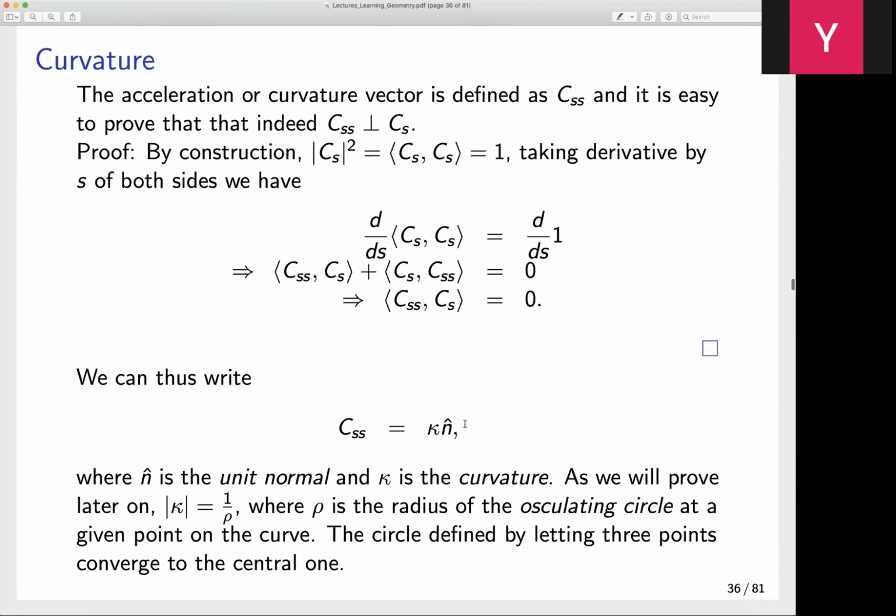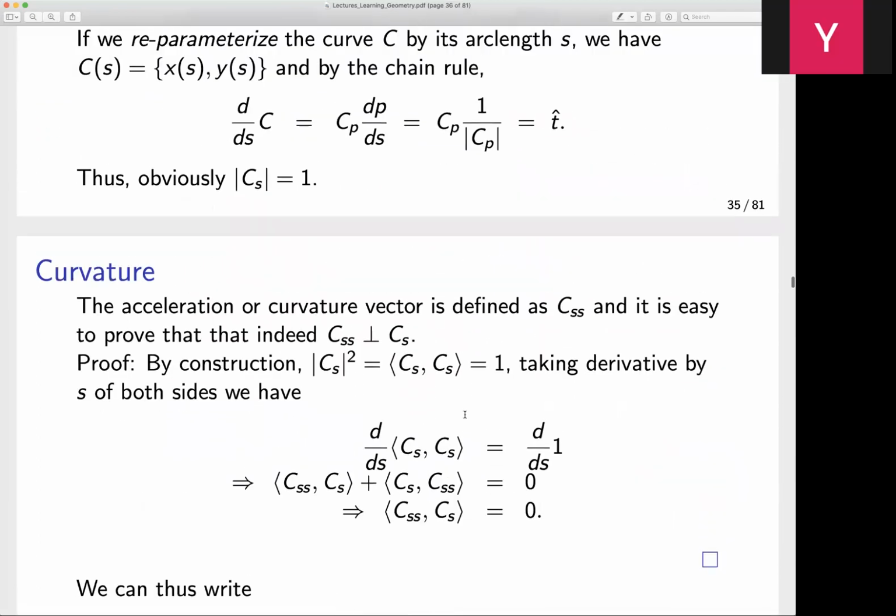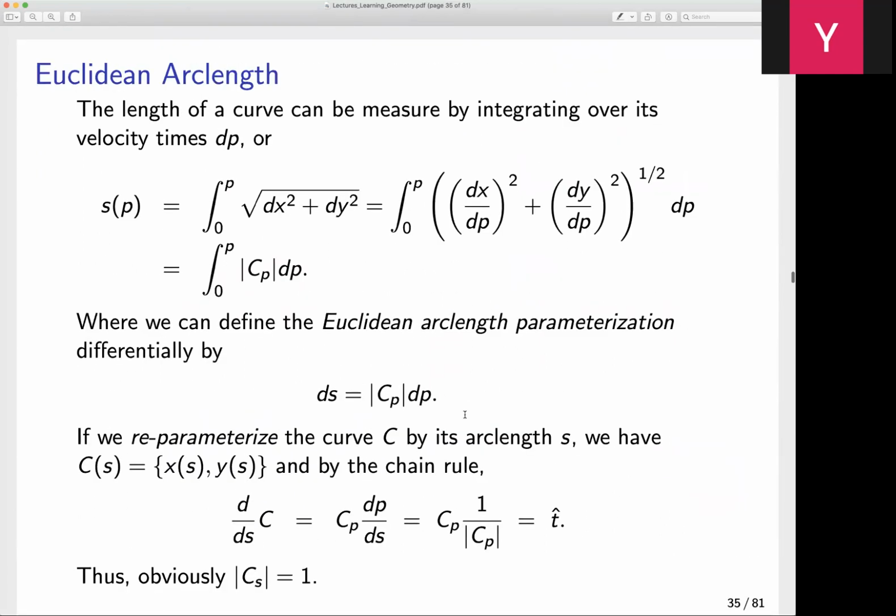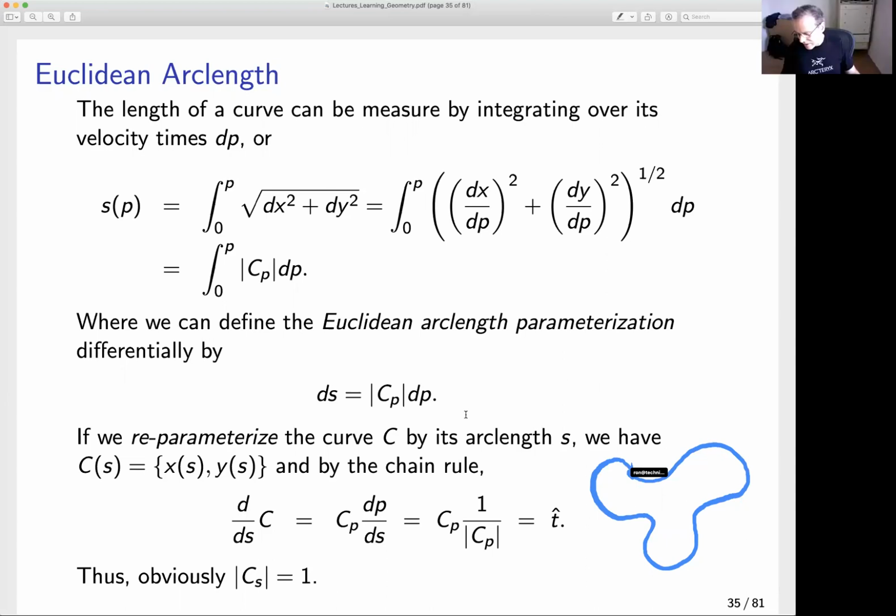Next, let's see. But Ronnie, if you change the parameterization, you might change the orientation of the curve. Is that so? Remember, I'm looking at the curve with the same trace. I'm traveling along exactly the same curve. It would be C of p, and now what I'm doing is changing p by p of s. This is just changing the parameterization.